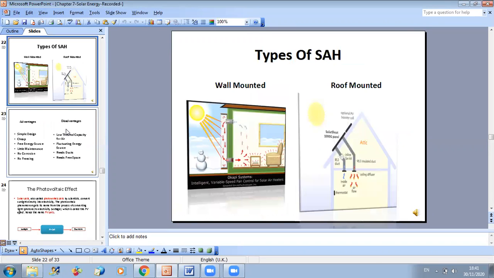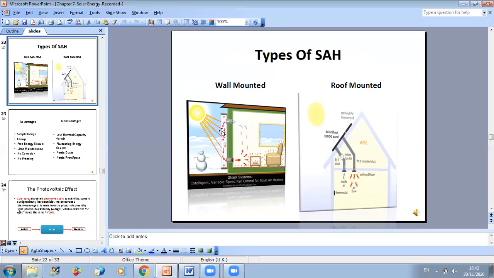Now we have several types of solar air heater. You can place them on the wall, and they will have the same concept. It's similar to a solar chimney if you want. But here, as you can see, the operation is in the reverse direction.